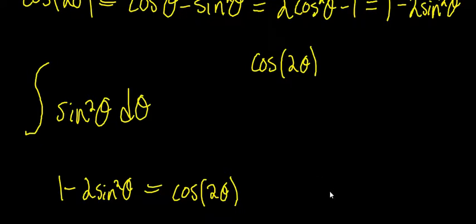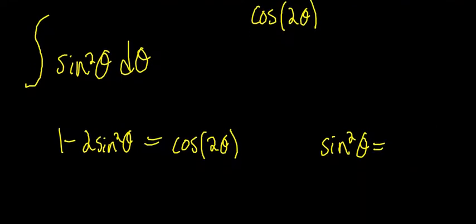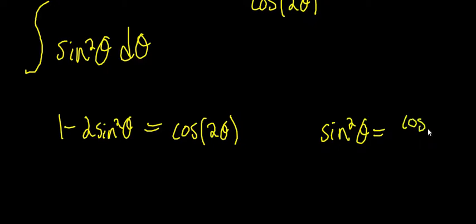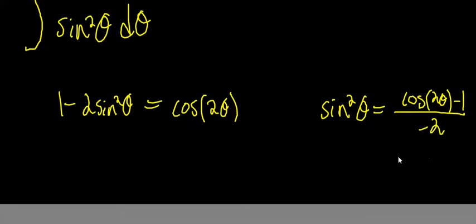We subtract both sides by 1, and then divide by -2, and we get cosine of 2 theta minus 1 divided by -2, which is the same as 1 minus cosine of 2 theta divided by 2, because I just moved the negative sign to the numerator and then distributed the negative sign across the numerator. So it flips the sign of this -1 and it flips the sign of the positive cosine.